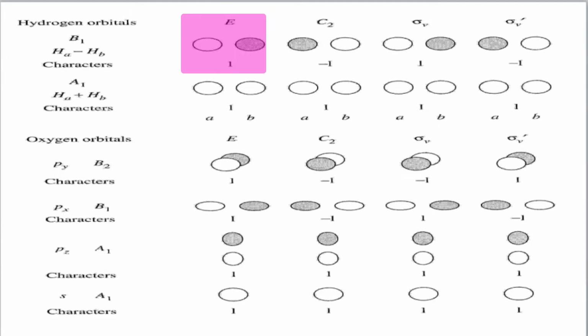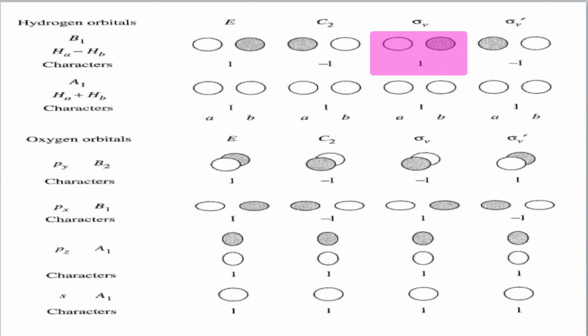Positive phase by white color and negative phase by gray color. If I perform the identity operation on it, there will be no change in the wave function or the wave phase. So we give 1 mark. If I perform the C2 operation, means if I rotate it by 180 degrees, we will find the positive phase goes to the place of negative and negative comes to the place of positive. It is antisymmetric, -1 mark.